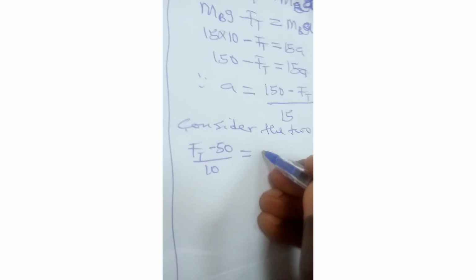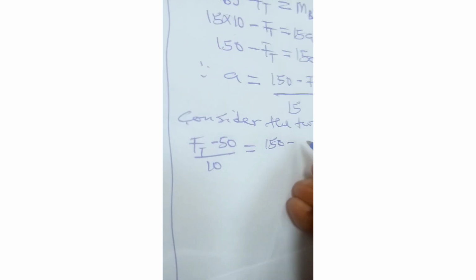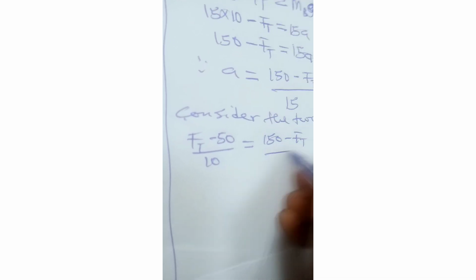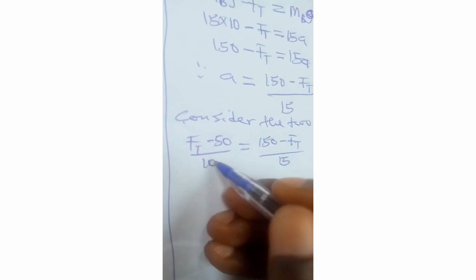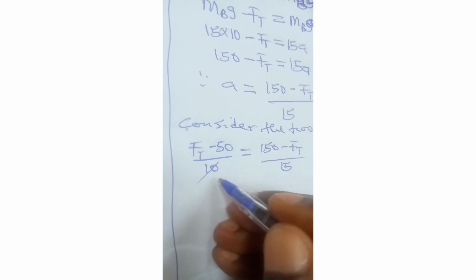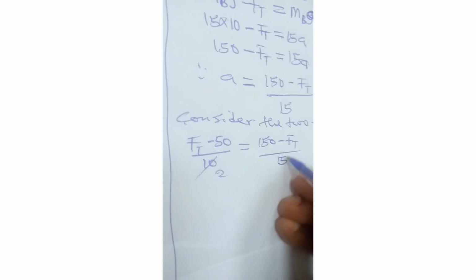Remember, the first one is FT minus 50 over 10, and it is going to equal 150 minus FT over 15. Now if we divide, we have 2, 5 in this, 2, 5 in this, 3.